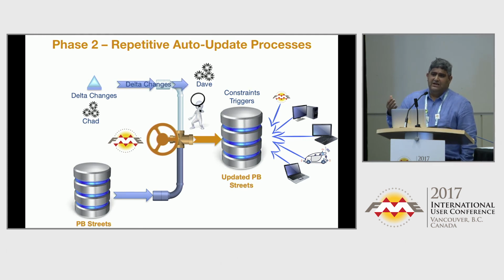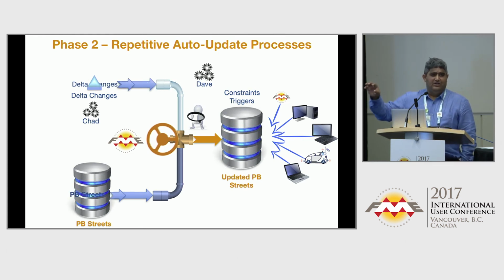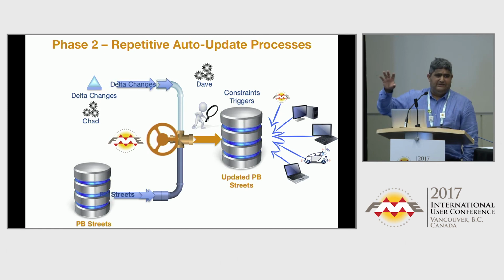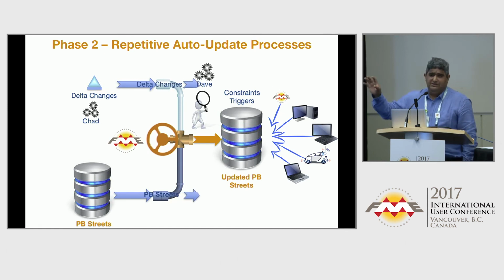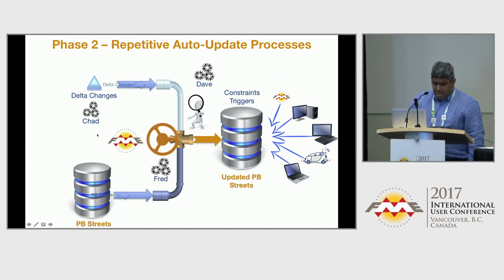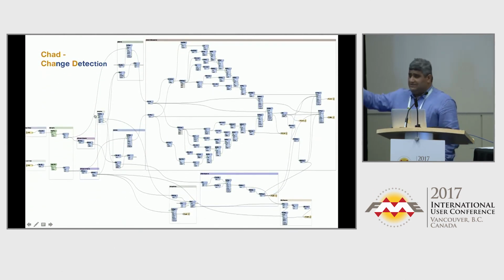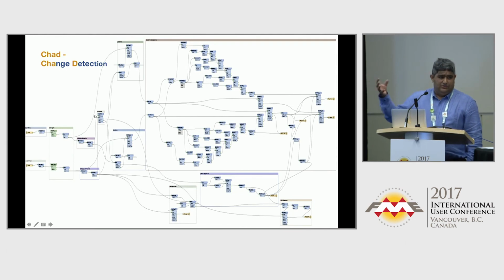So this process creates delta change logs so that we don't have to deal with the complete data set. So this change detection process takes two versions of PSMA data, identifies what has been deleted between two versions, what has been inserted, what is updated, and it also considers, if update is done, whether it is geometry only update or it is a geometry and attribute update.